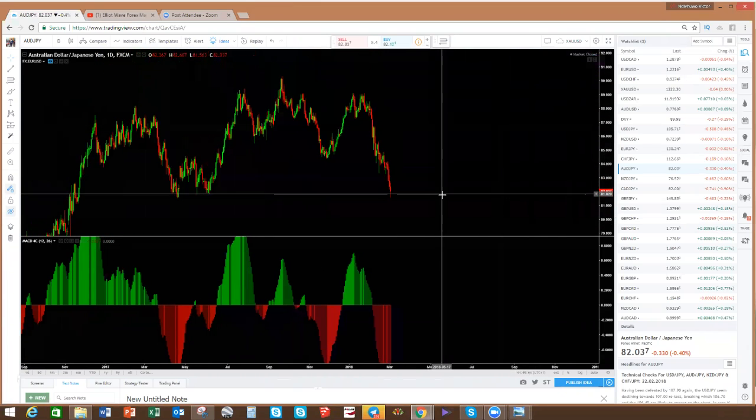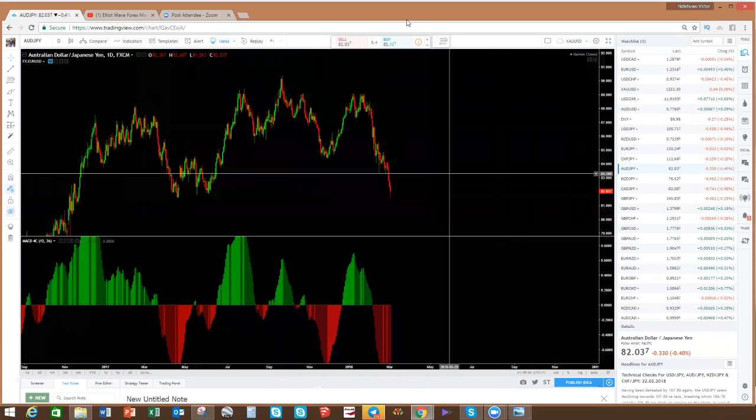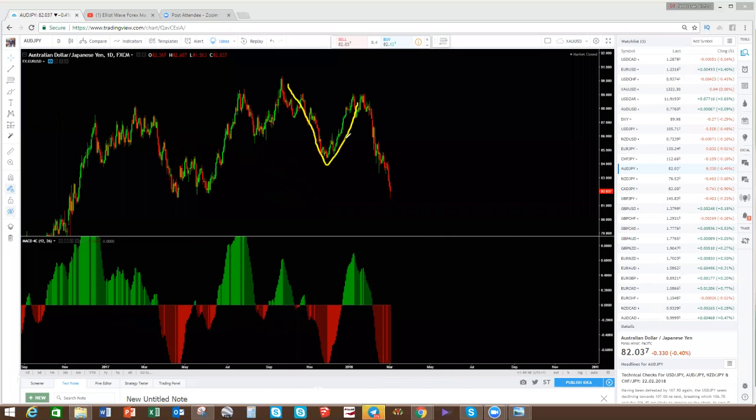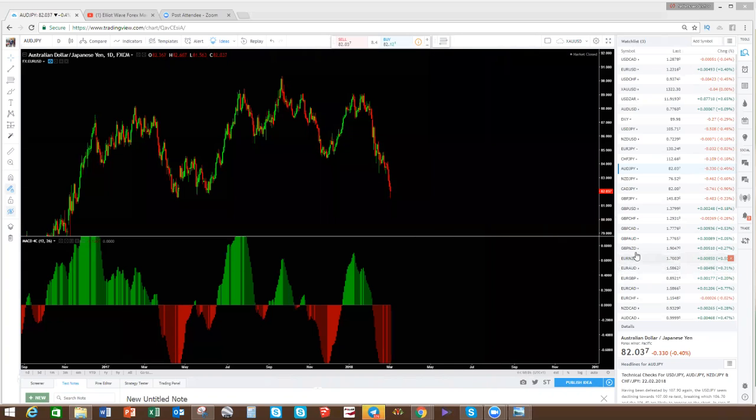This one may be doing this, and this will be time for it to reverse for another move. 1, 2, 3, we're getting a 3-wave pullback, so we may start getting that, but not yet. So leave this one out for now, unless you've got another strategy that's clearer.